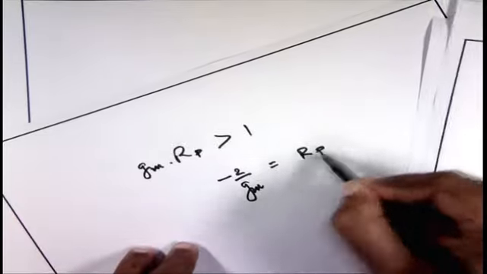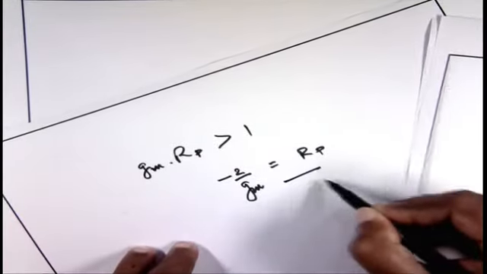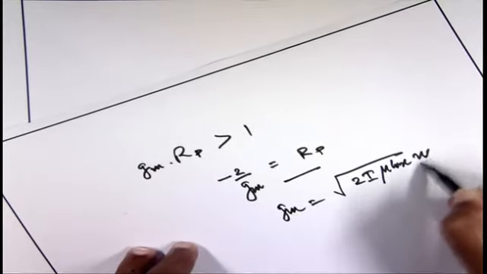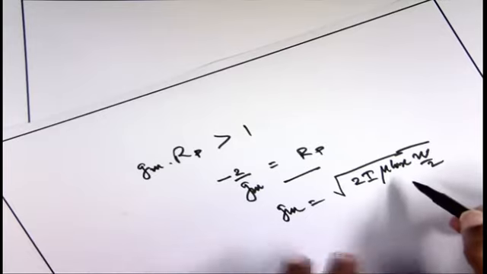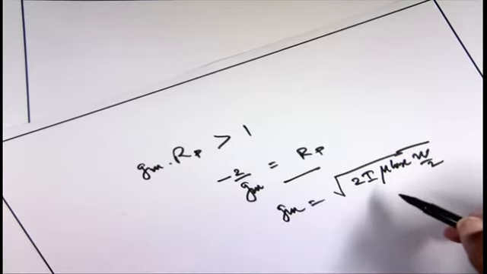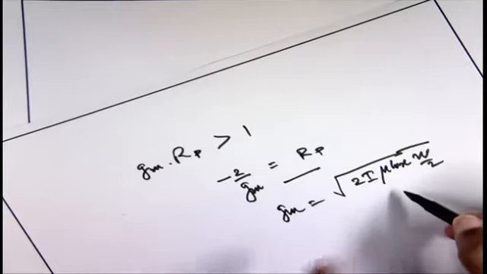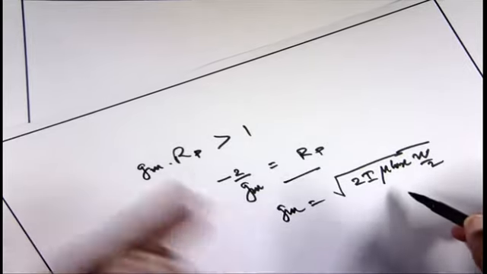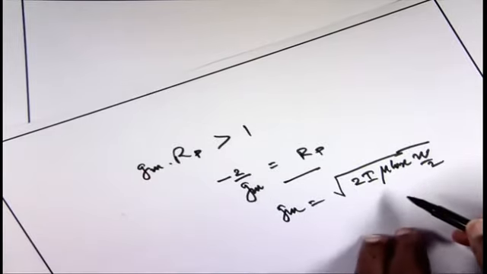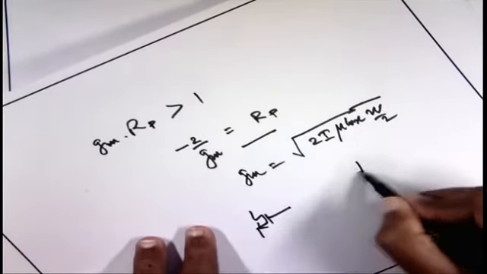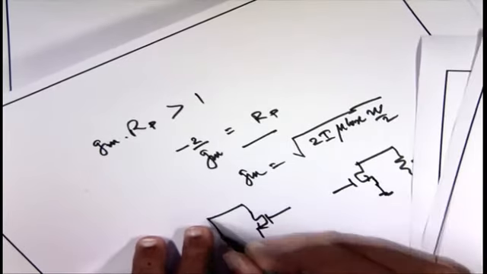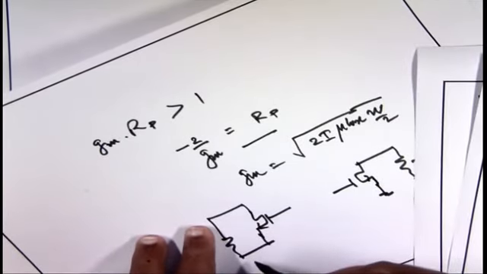If I had to compensate only with this, it would be okay, because I know that GM is √2 ID or something like this, though this formula is not actually valid for deep submicron technology. Still, if I increase my current, I get a particular GM, which needs a particular bias. But every cross coupled transistor has its output resistance, which is directly connected from the drain node to the source node.